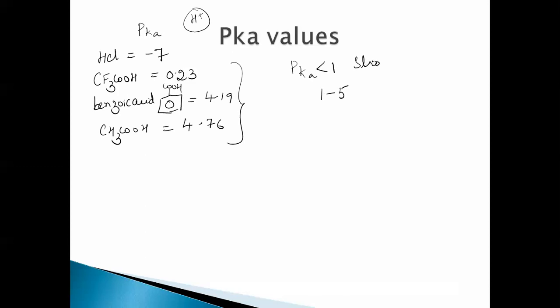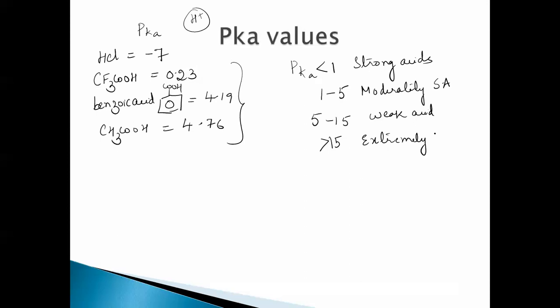These are strong acids, and these are moderately strong acids. In the range of 5 to 15 are weak acids, and pKa values above 15 are extremely weak acids. These pKa values determine the strength of acids. If it is less than 1, they are strong acids.